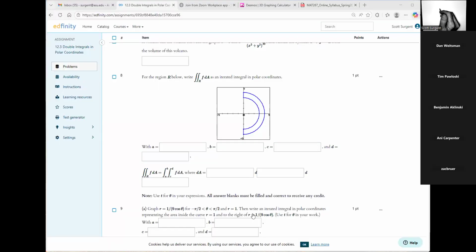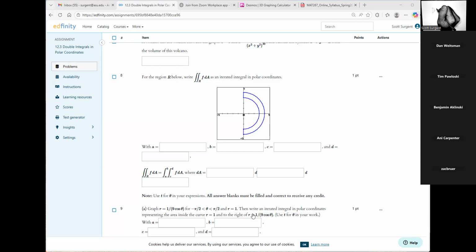You've got this region that looks like half a frisbee. I'll draw it. It's two circles, one of radius 3, one of radius 4, and it forms a half ring.